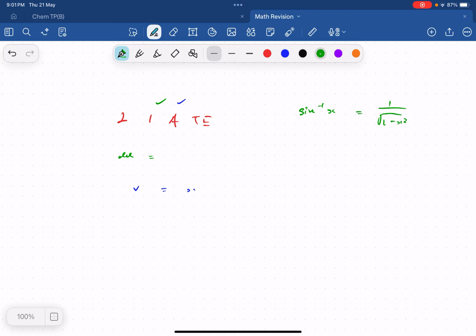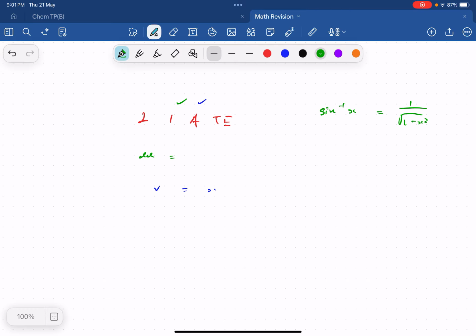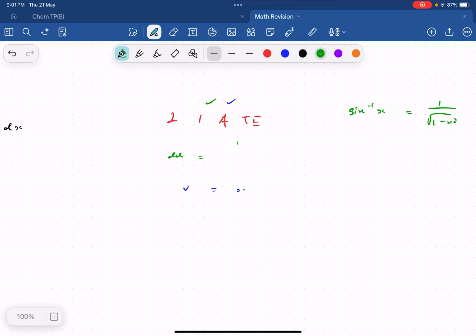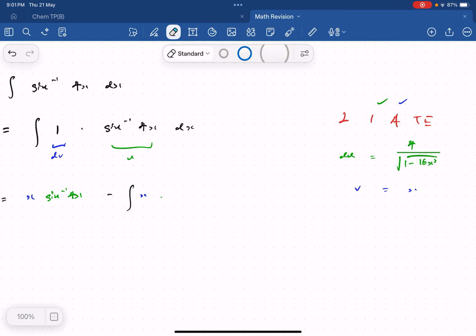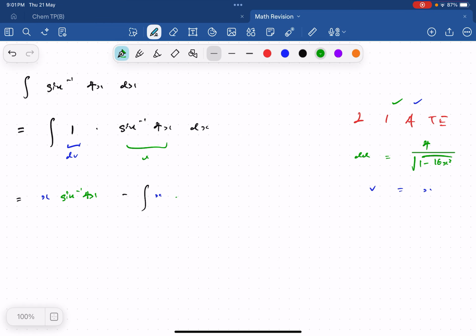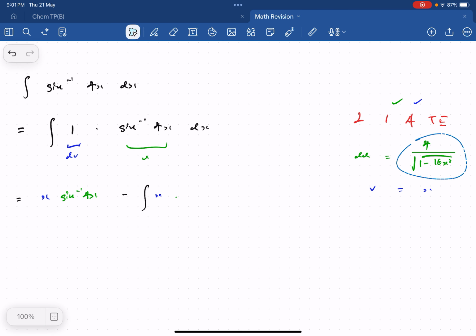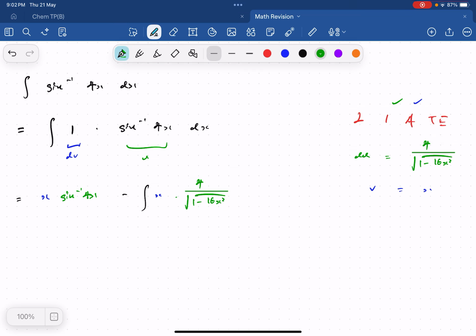So what if we replace this x with 4x? This is going to be 4 on top now, and the bottom is square root of 1 minus 16x squared, because it's 4x, bracket whole thing squared. That's why I get 16x squared. Understand? So let's just write this over. Copy, paste. This entire thing integrate with respect to x.